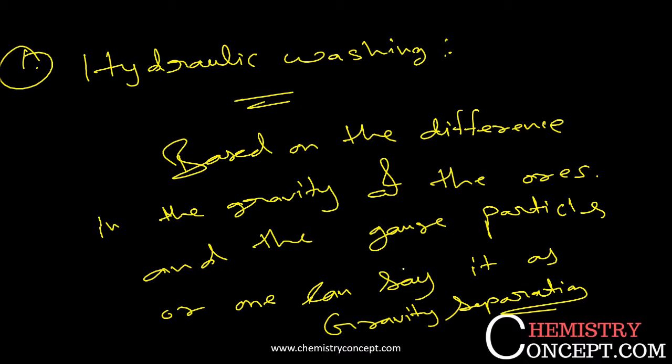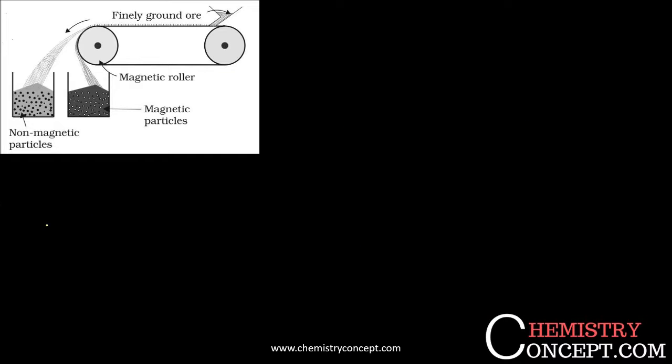So next step is the magnetic separation. This is based on the magnetic properties of an ore in composition. Suppose we have an ore with different composition, so in that ore there will be particles having non-magnetic, and particles having some magnetic properties.